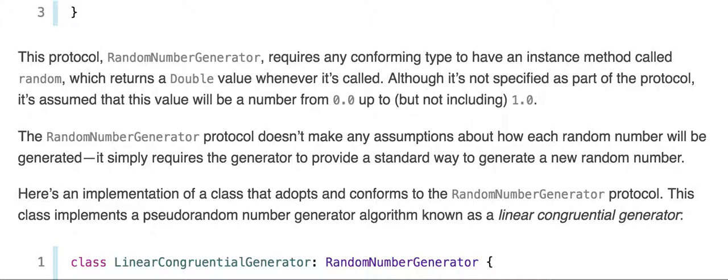And although it's not specified as part of the protocol, it's assumed that this value will be a number from 0.0 up to, but not including, 1.0. And the RandomNumberGenerator protocol doesn't make any assumptions about how each random number will be generated. It simply requires the generator to provide a standard way to generate a new random number.